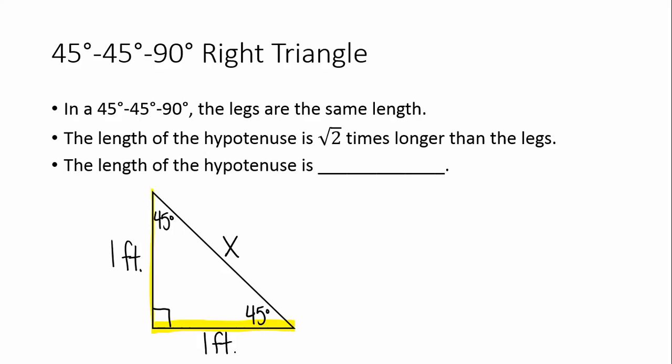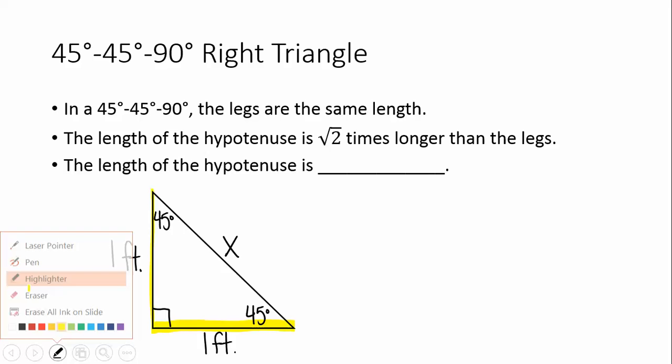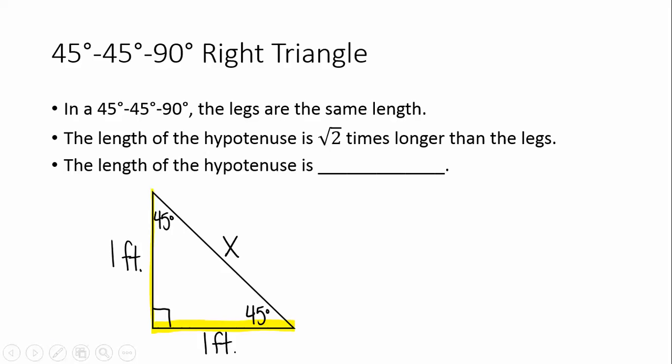So those two legs will be the same length, and you can see in this picture that they're each a foot long. Also, the length of the hypotenuse is the square root of 2 times longer than the legs. And so it's important to understand here what that means. It means you take the length of the leg and you multiply it by the square root of 2, then you'll get the hypotenuse.